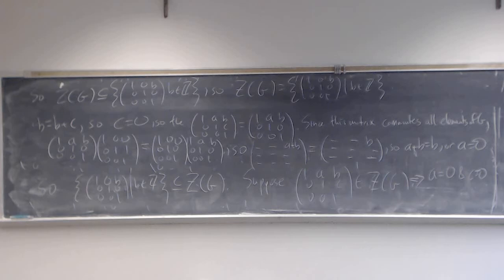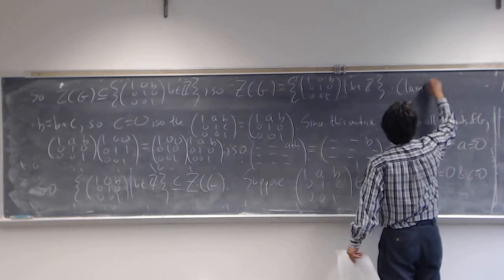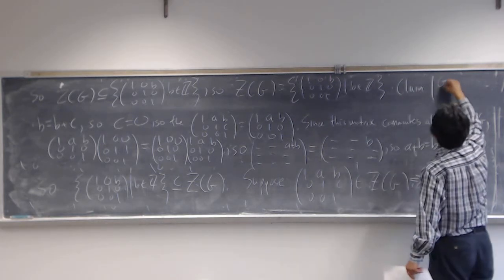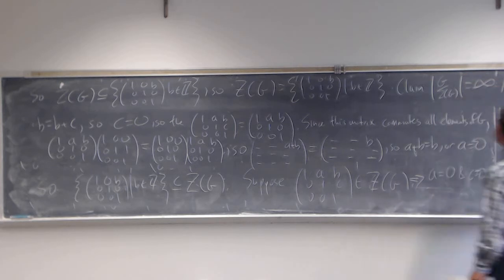So we try to see how many different cosets there are. And so I claim there are infinitely many different cosets. In other words, the order of the factor group G mod the center is infinite.